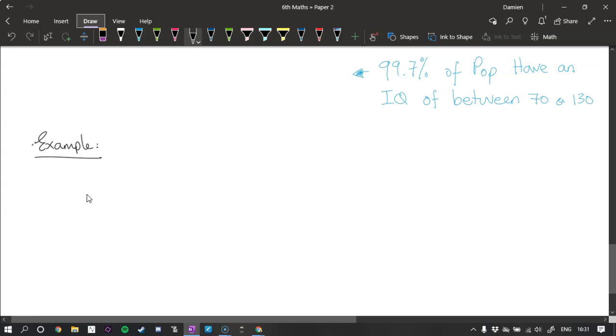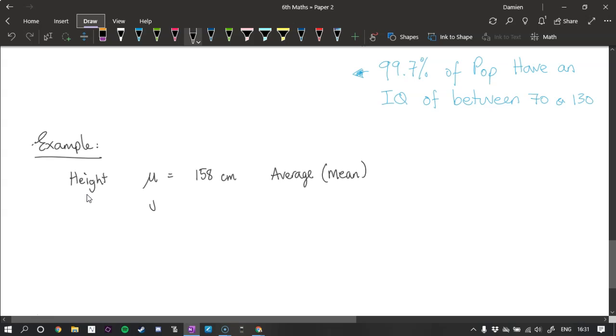I'm not going to write out the full thing, but let's say we're talking about the height of students in a school. So we're dealing with height. We're dealing with students, and we're told the average height in the school is 158 centimeters. And again, that's your average or your mean height.